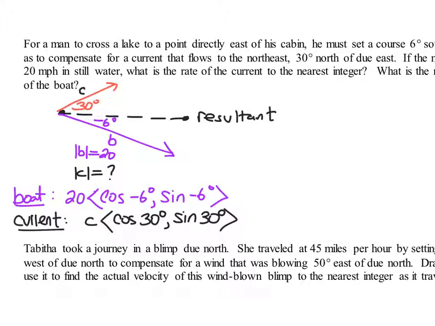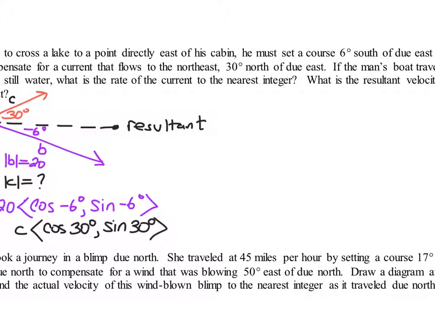So you're going to kick over a calculator at some point. Whether you want to do it now or later is up to you. The resultant would be the sum of these two things. So you could do the distributive property and get things going, or we can at least evaluate the resultant component and then see what's going on there. I'll just make a little note for the result. I'll just say equals.